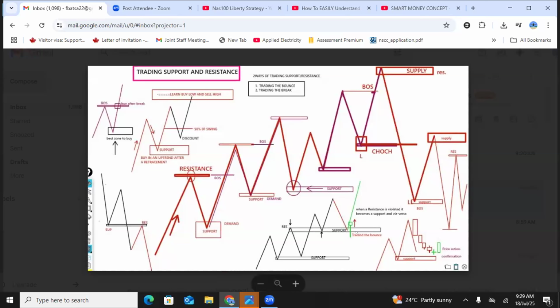So the moment it starts, you start thinking, very soon there is a breakout, or there's a change of character here. It's no longer going down, it's going up, right? So you start preparing yourself to buy. Okay, so this is somehow the uptrend and then the downtrend.